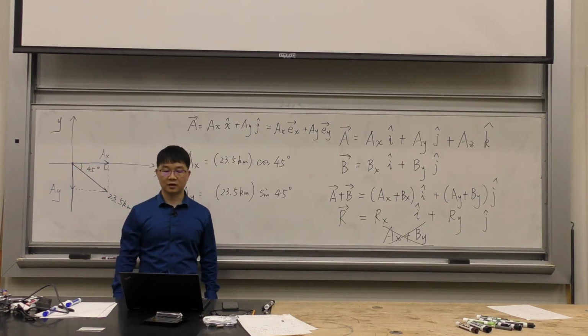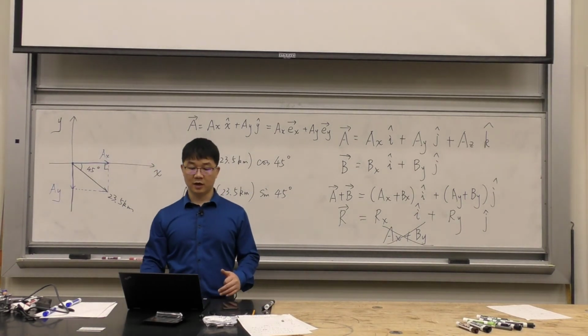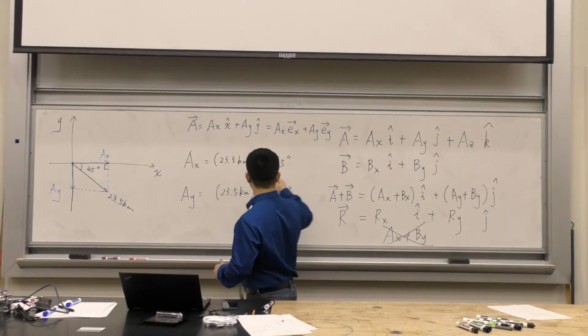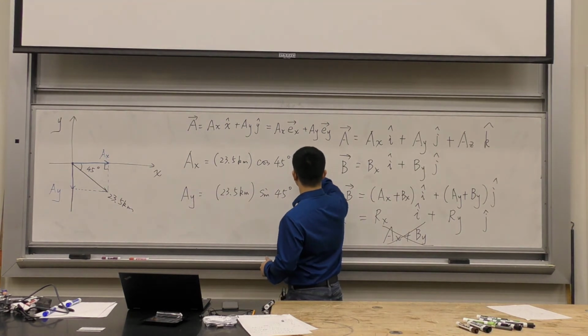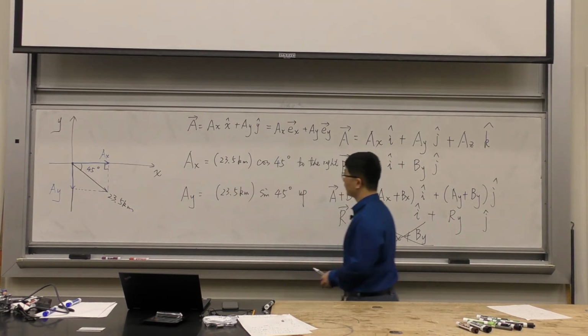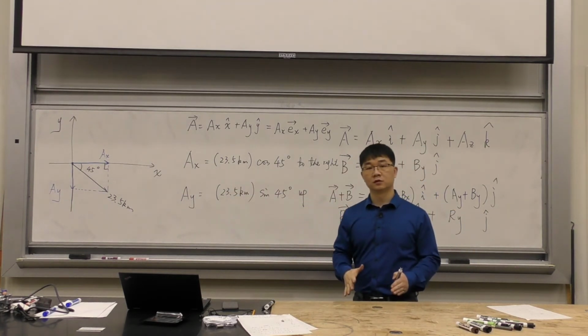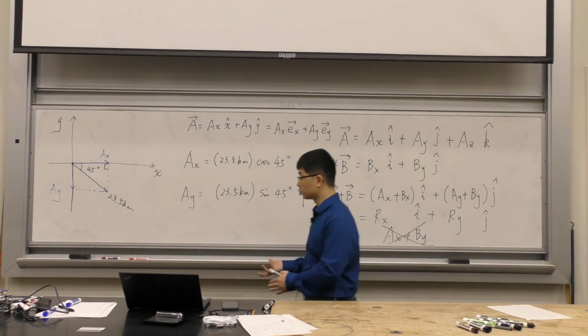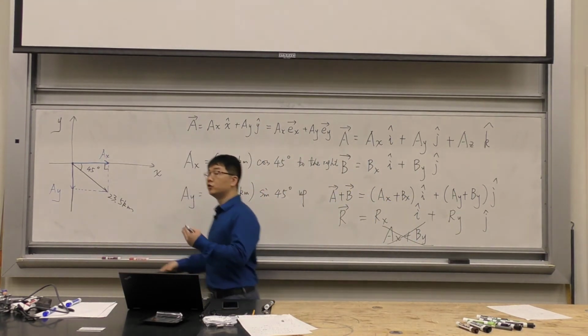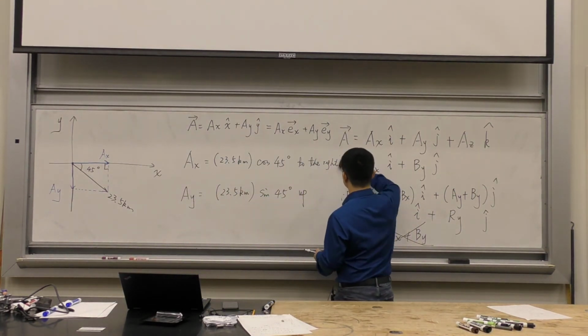How do we distinguish that? We use signs, okay? So this guy is to the right, and this guy is up in this coordinate system. But again, we don't write words in physics. We don't write words when we do math. What do we use? We use signs to distinguish them.